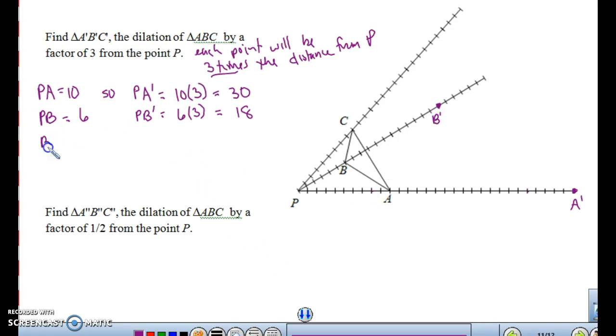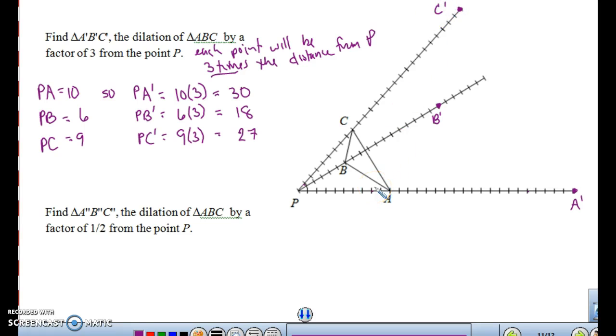And then PC, not BC, sorry about that. PC is 9. So PC prime will be 9 times 3, which will be 27. So that puts that one right here. Trust me if you count it off. All right, C prime will be there.